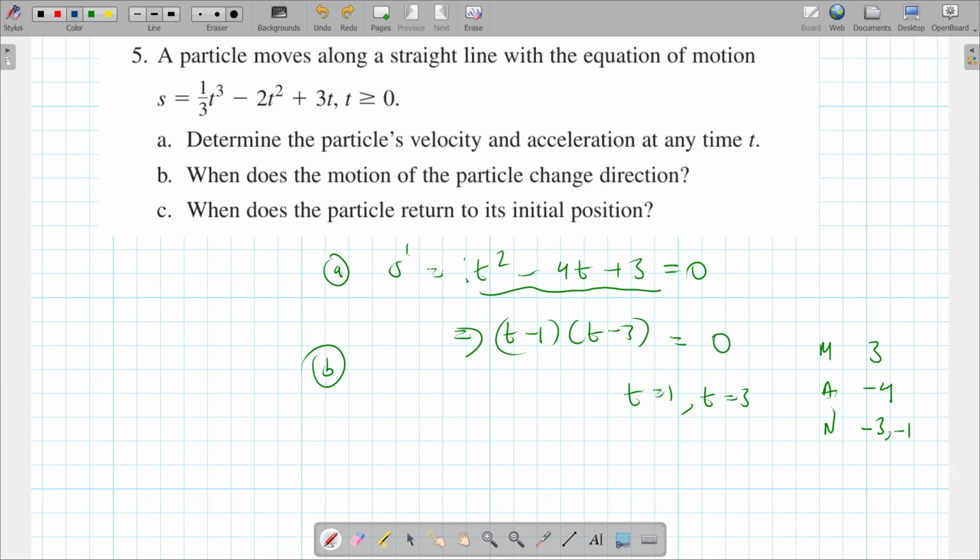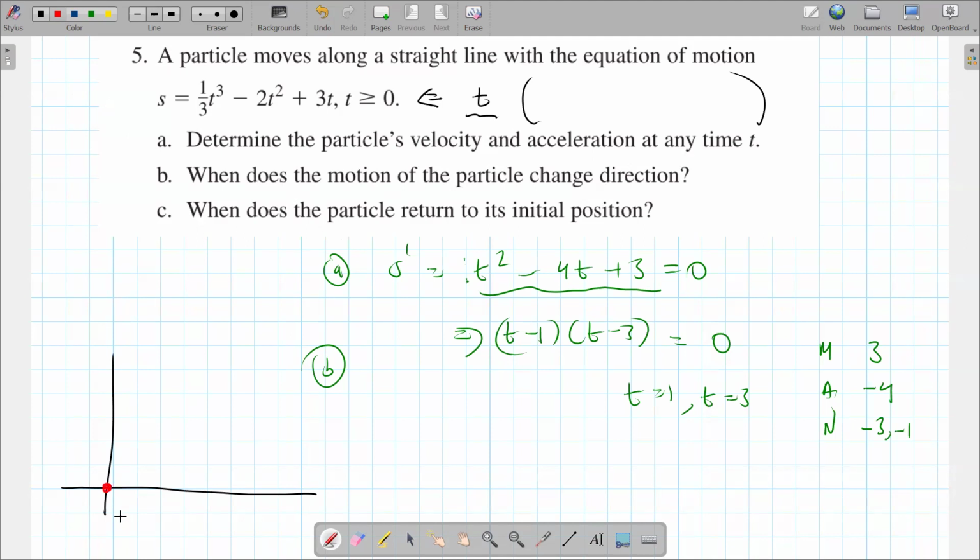The question is asking us, when is this person going to come back to the origin? So if you think about it, we can pull out a t, right? Do we know any zeros if we pull out a t? Because the y-intercept is 0, he's going to go through the origin.